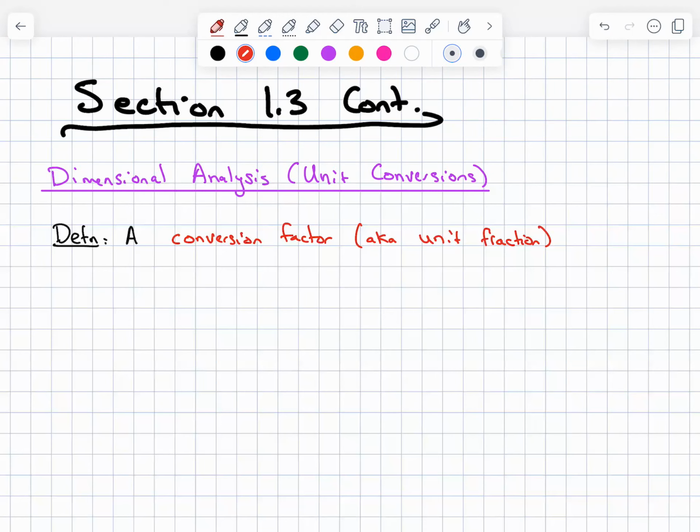I think conversion factor makes way more sense. But a conversion factor or a unit fraction is a fraction used to convert, to change from one set of units to another.